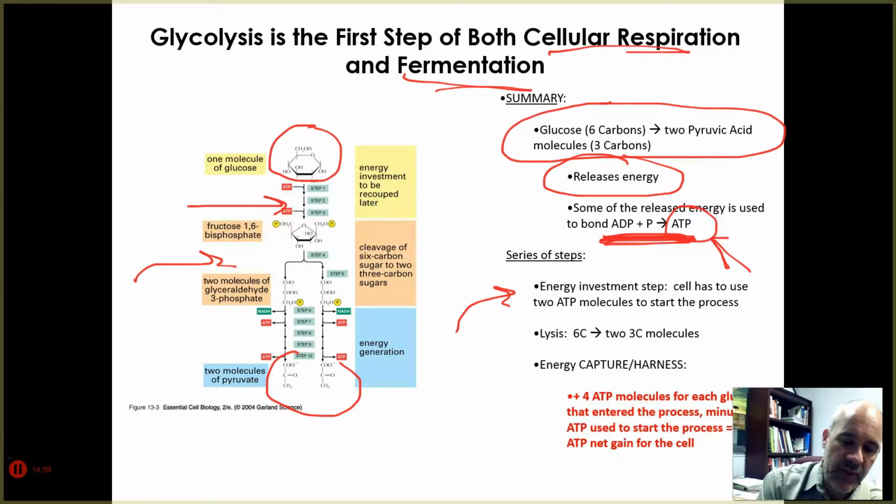So a lot of times that's referred to as an energy investment step. Sometimes people make the analogy, it's like when you strike a match to start a fire, you've got to use some energy to strike that match, to rub it against the concrete or whatever, to make it light. So it's kind of like lighting a matchstick. It takes some energy investment to get the process started, and then the process will be able to proceed to completion.